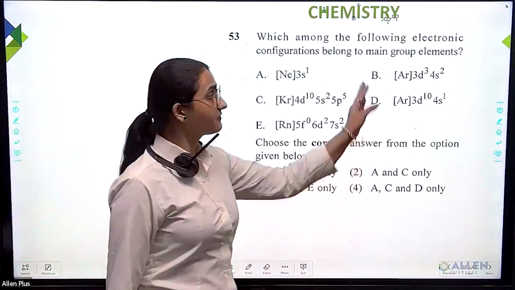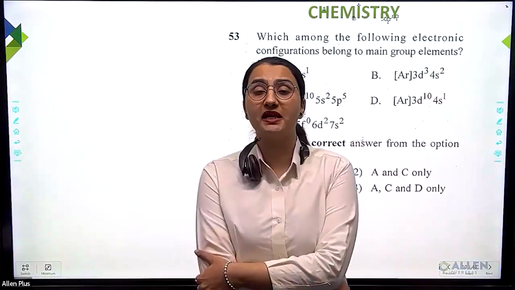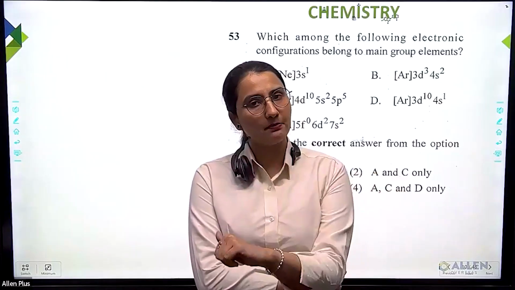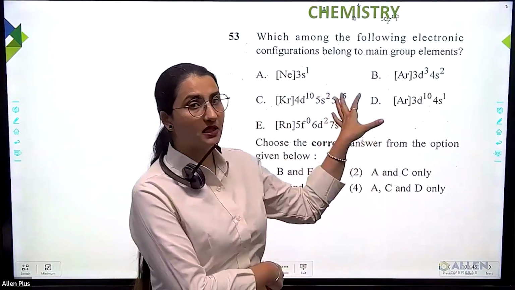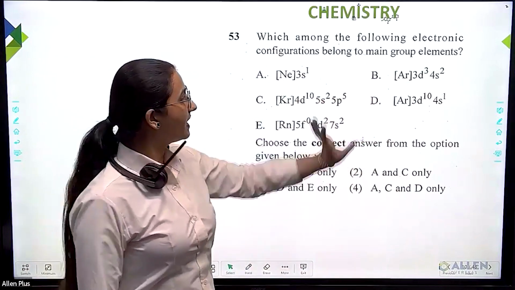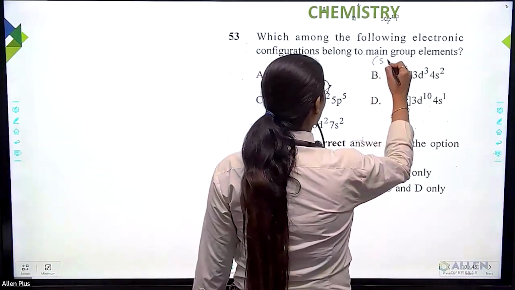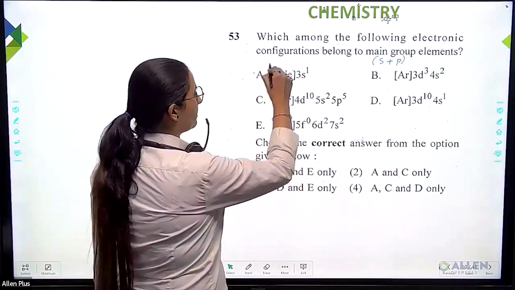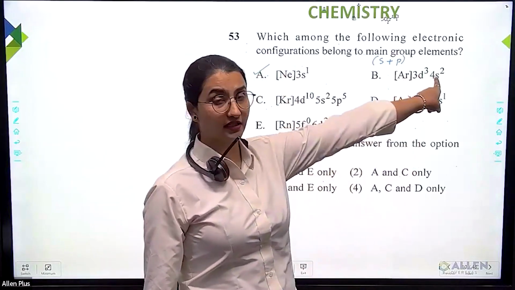Next is which configurations hail from main group elements. Students, main group elements means s block and p block. So this is from chapter periodic properties, classification of elements, right? Main group elements means you have to check which belong from s or p block. First, obviously, it's group 1. This, don't get confused.